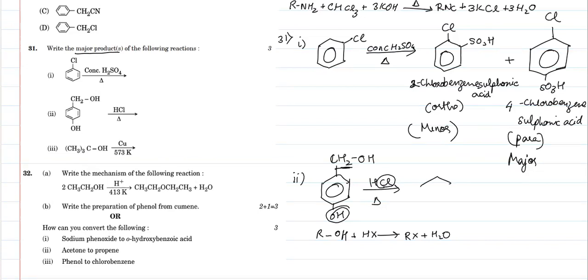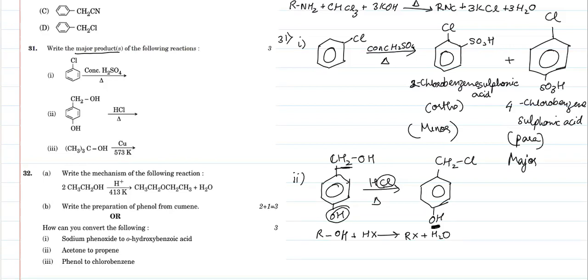Because of that, your product is going to be without the replacement of this hydroxyl group with the chlorine, but the other one is going to get replaced and you'll get a CH2Cl.